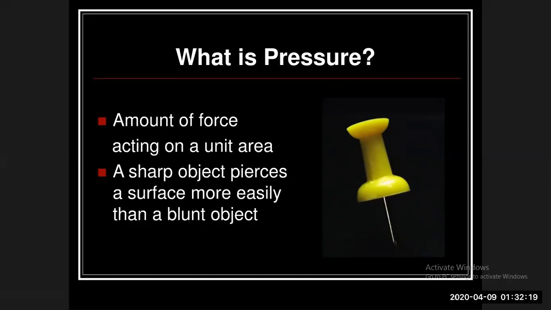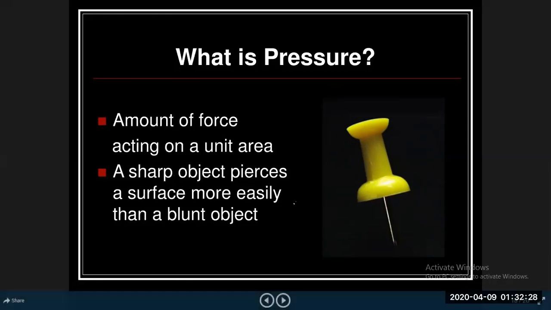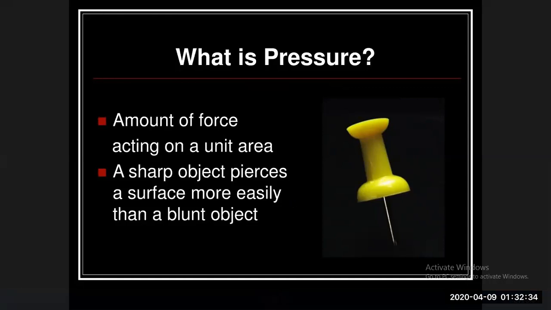A sharp object pierces a surface more easily than a blunt object because a sharp object has a smaller area and therefore it creates high pressure, and on the other hand a blunt object has a larger area, so it will produce less pressure.